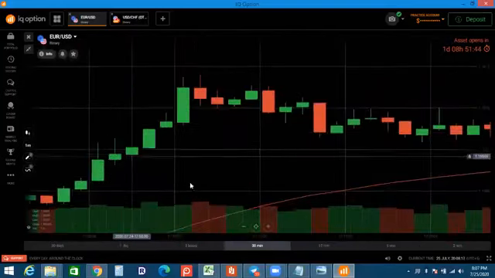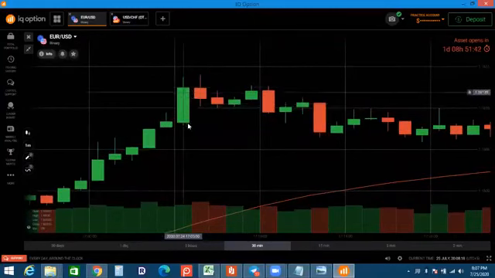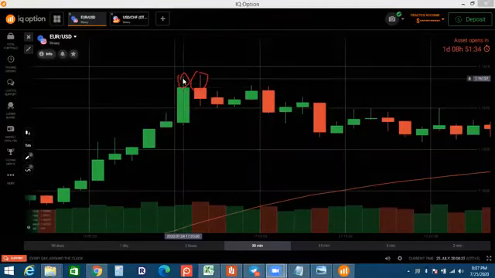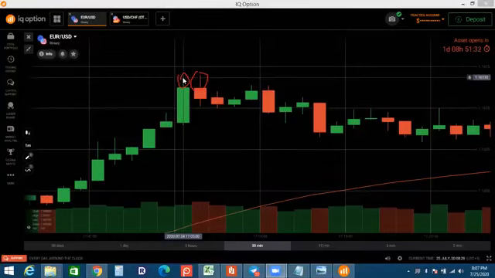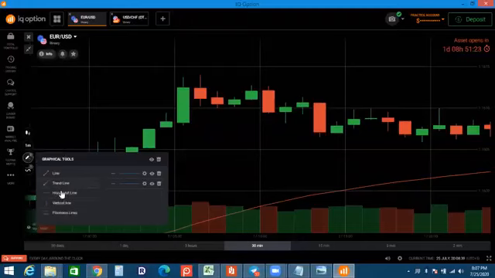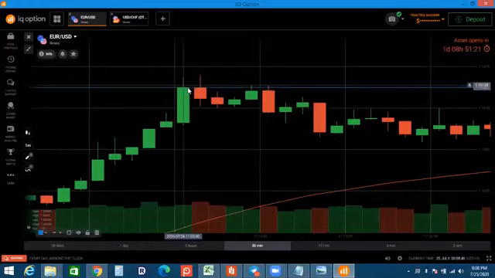Now this is a candle where you see two wicks. The meaning of these wicks is showing the demand and supply here, because this candle is showing pressure from the sellers, again showing pressure from the sellers. So this is a supply area. So now you have to place from here to here.